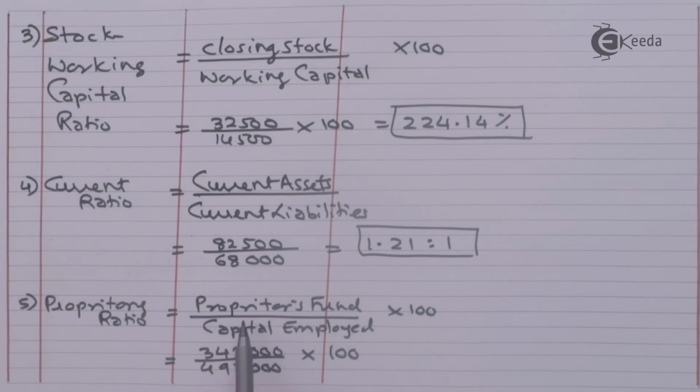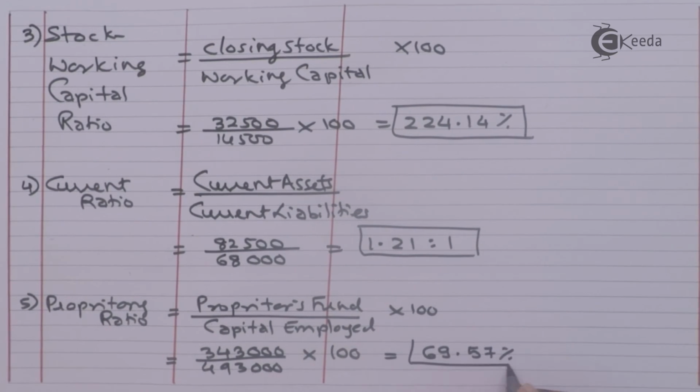Here we are required to take total funds as capital employed. 3,43,000 proprietors fund divided by capital employed 4,93,000 multiplied by 100. So proprietary ratio here we got 69.57%. We have calculated all necessary ratios.